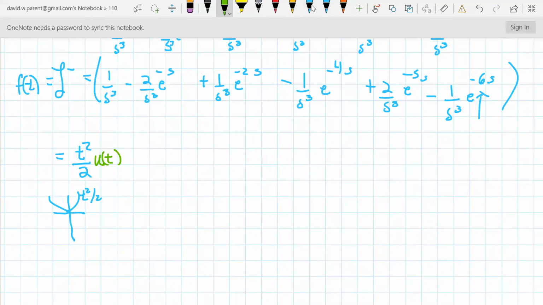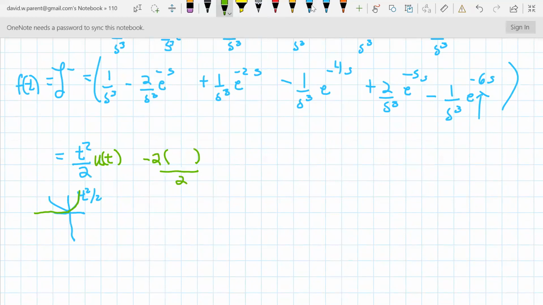We remember when we took that Laplace transform, it was a step function, right? The ramp function has a step function in it. So it's 0 before time equals 0, and then it comes up. So you got to have that right there. Now the next thing we have minus 2, right? And divided by 2.